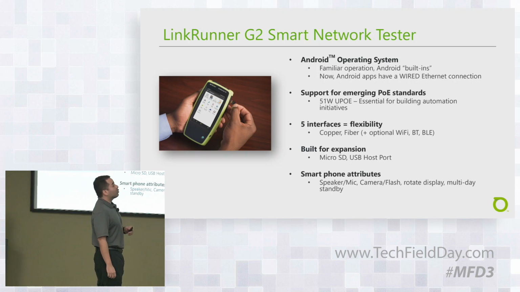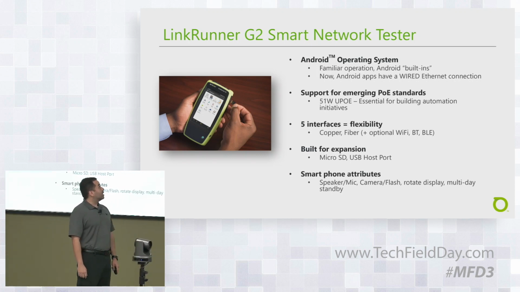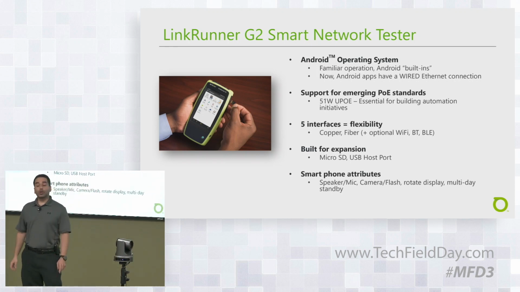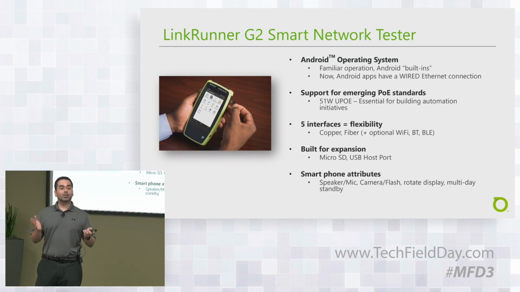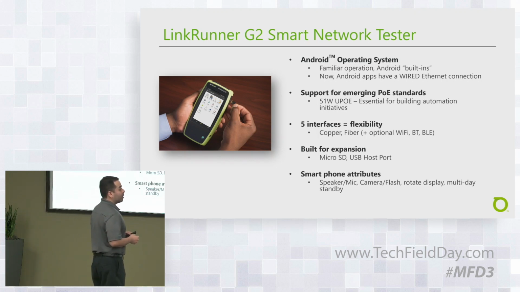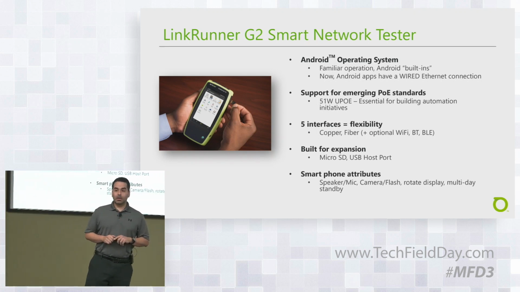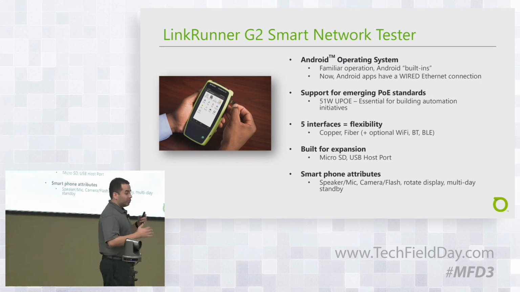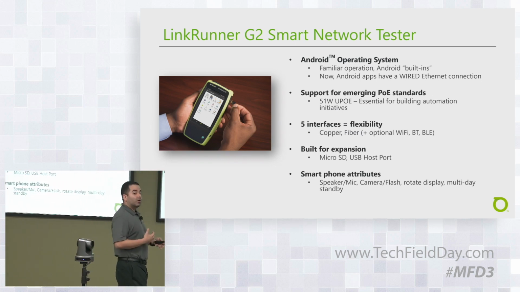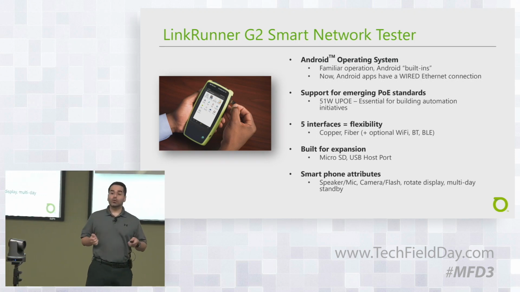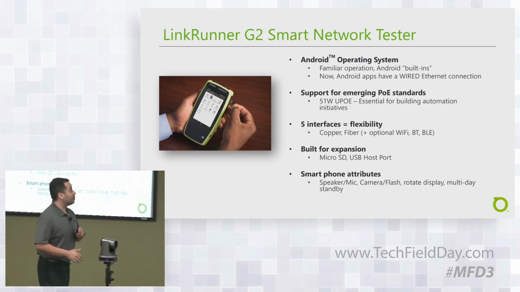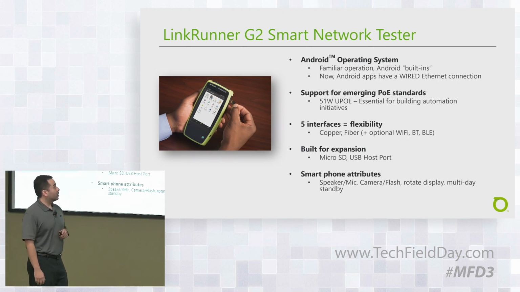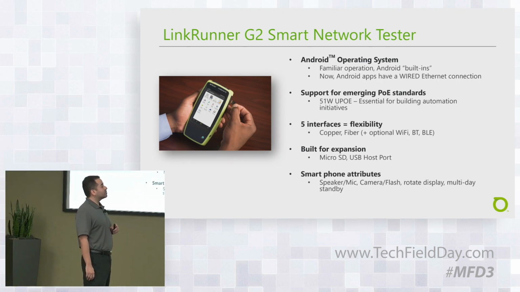A few other things, very super quick. On the LinkRunner G2, it supports UPoE. So you guys may know that some of the newer access points now require UPoE, or 51 watts of power. So basically, the more radios they keep adding to those access points, the more power they need. So UPoE is supported on the LinkRunner G2 if you want to verify PoE or test for PoE when installing those newer access points.